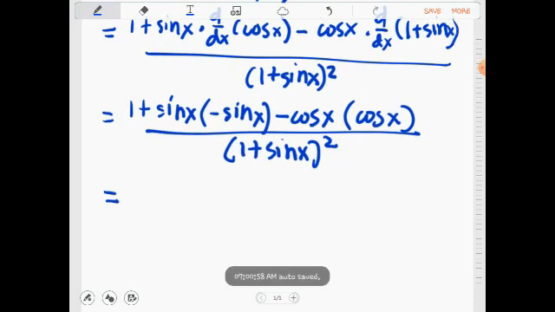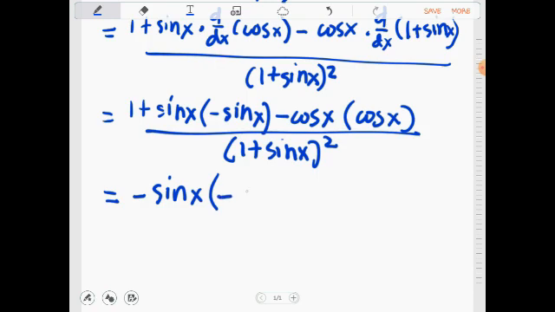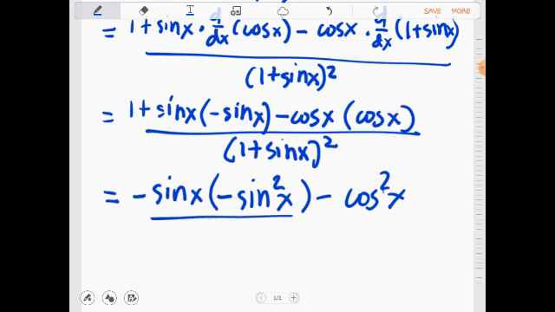And this should be equals to negative sine x times, negative sine squared x minus cosine squared x, okay, all over quantity 1 plus sine of x raised to 2.